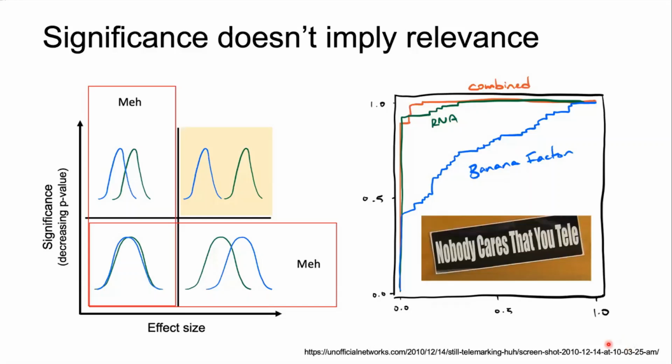For those who don't know what telemark skiing is, it's the type of skis where the boots detach from the skis, and you look cool, I guess. I don't telemark ski, but it's the same thing. Nobody cares that it's statistically significant. What you really care about is the effect size coupled with the significance. You have to have both.